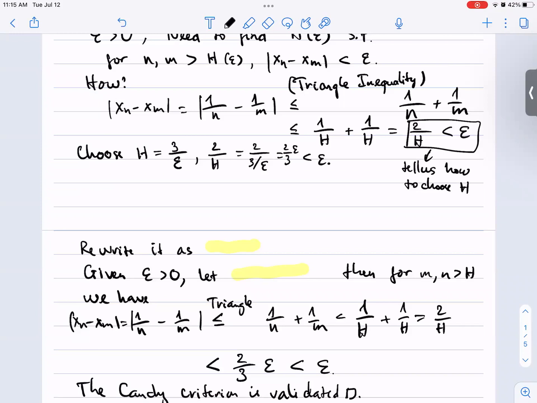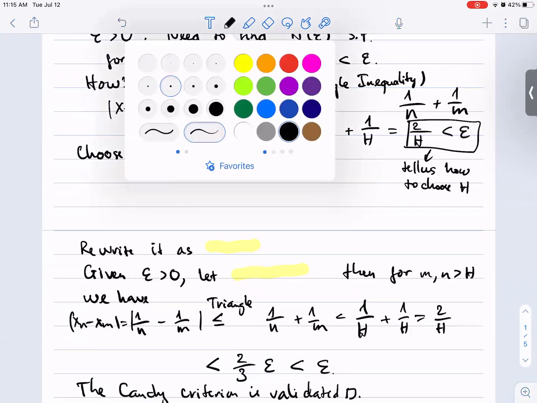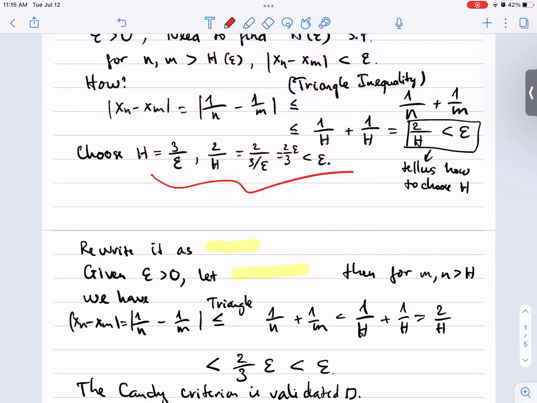Now we need to rewrite this thinking process as a rigorous proof. So the stuff here is just the thinking process.